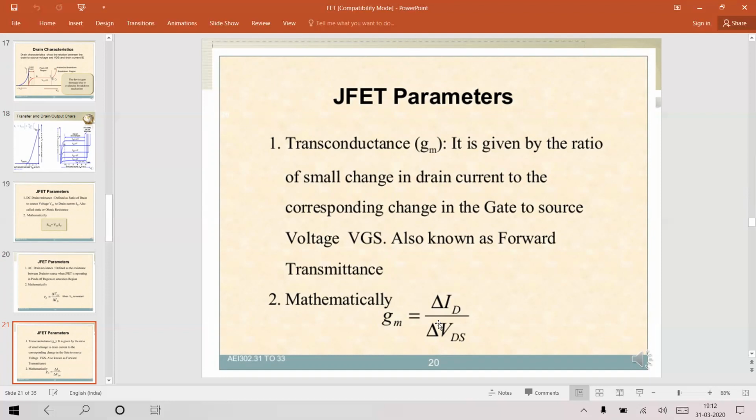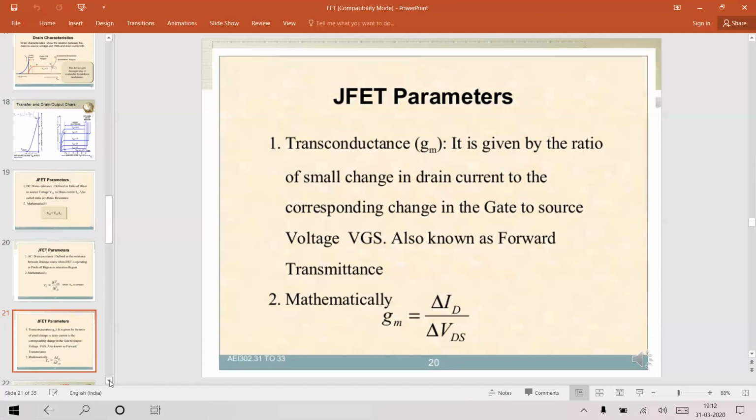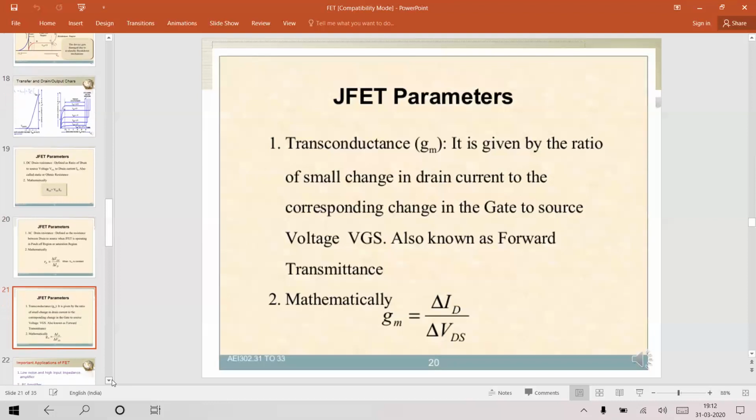It should be VGS. I'm sorry. Because the input voltage sitting at the gate is controlling the drain current. That is transconductance, not VDS. D should be replaced by capital G, VGS. Right? Please make note of this change.